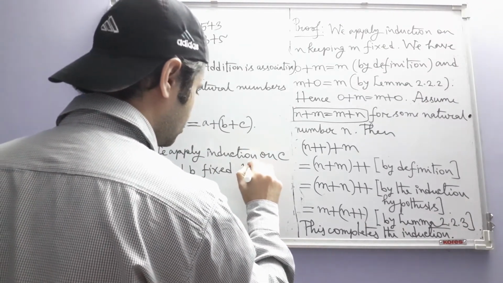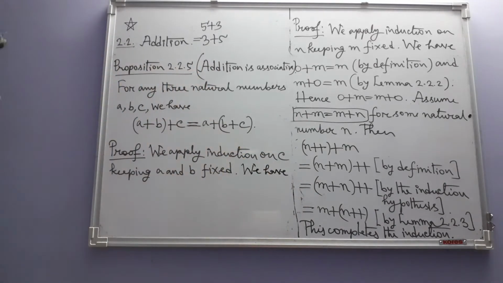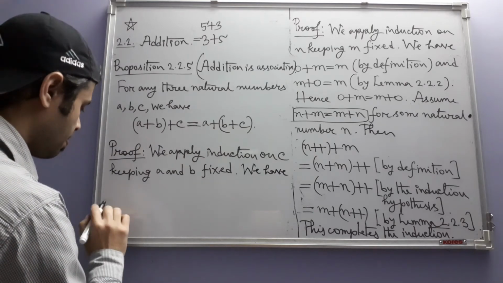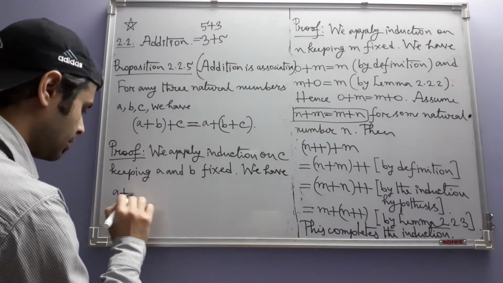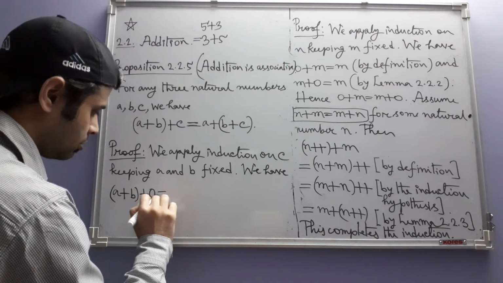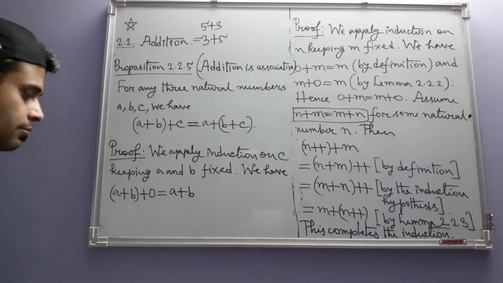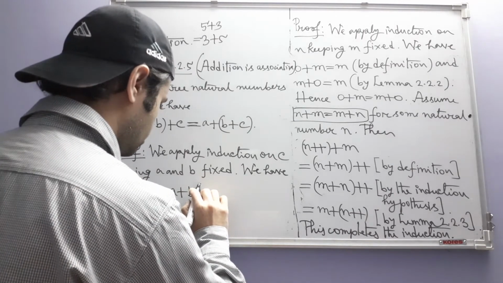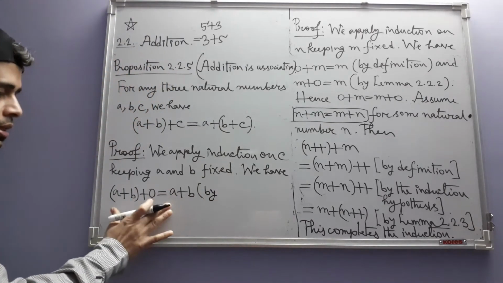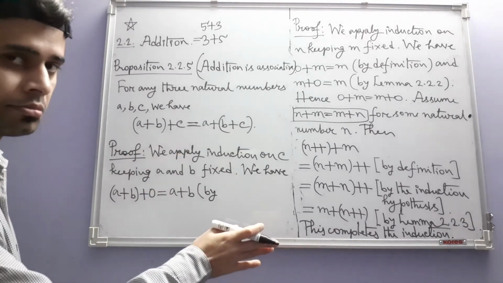So naturally, now first of all we want to check the result for c equal to 0. So the left hand side is (a + b) + 0 equal to a + b, by, just to show that we are not just blindly writing these things, they depend on the previous results.